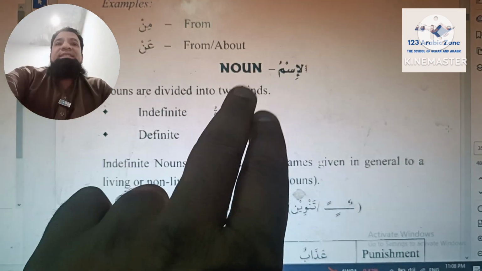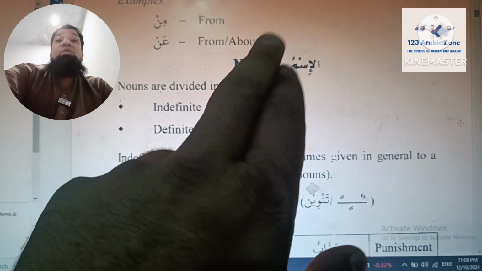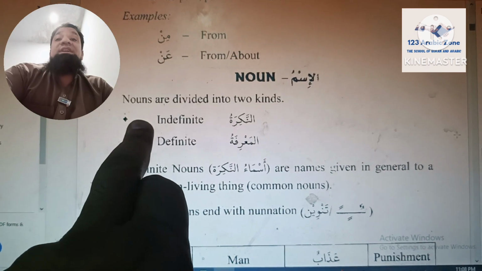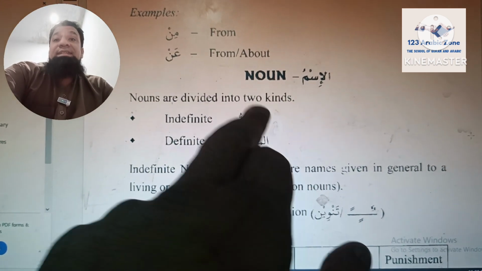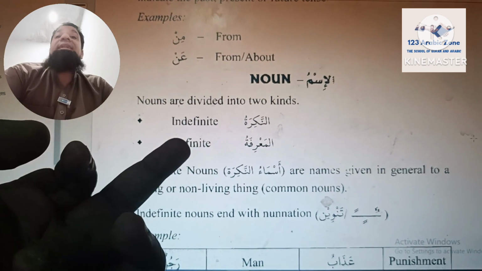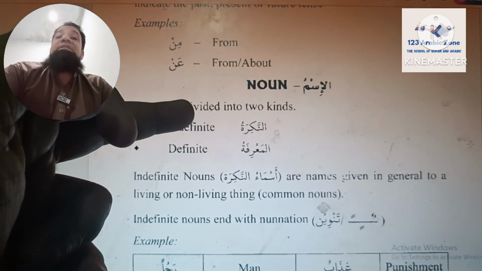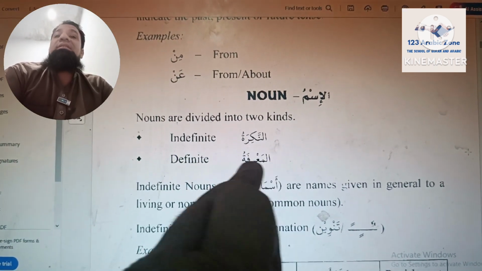So the first thing is al-ism, noun. This is a very important topic. Nouns are divided into two kinds: indefinite noun and definite noun. Indefinite noun in Arabic, an-nakira, al-ismun nakira.